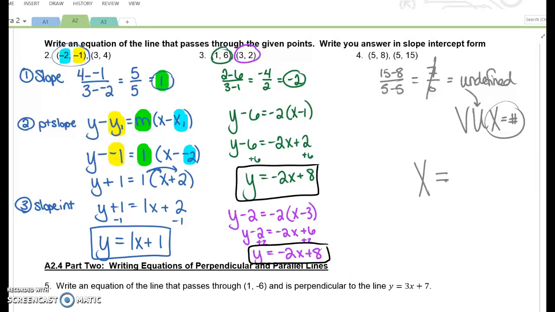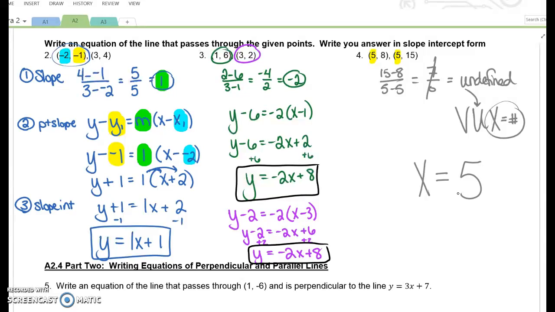Take a look at your points. Do you notice anything about the x value of your points? They're both 5. So x is 5. Every single point on the line x equals 5 has an x value of 5.